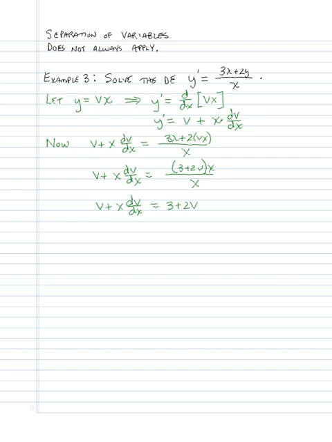Now, this differential equation is in fact separable. We can separate the variables v and x, and you see that that's all we have now. We don't have any y's at this point.